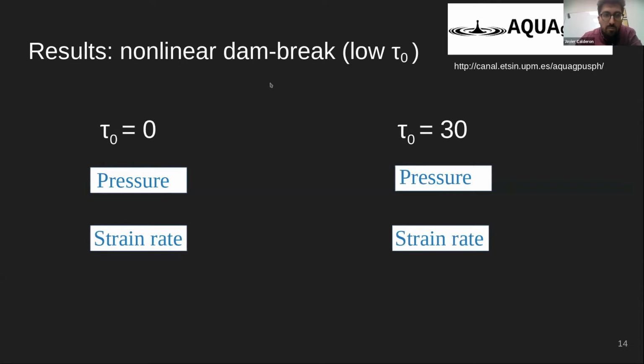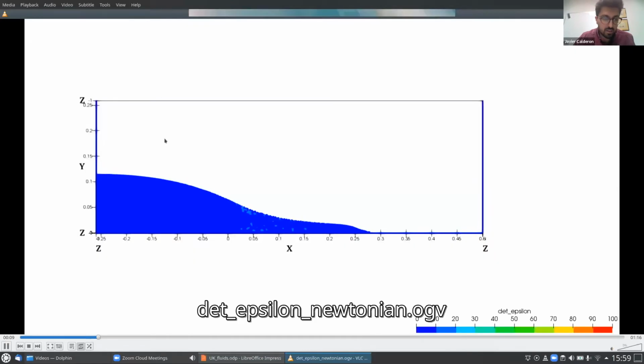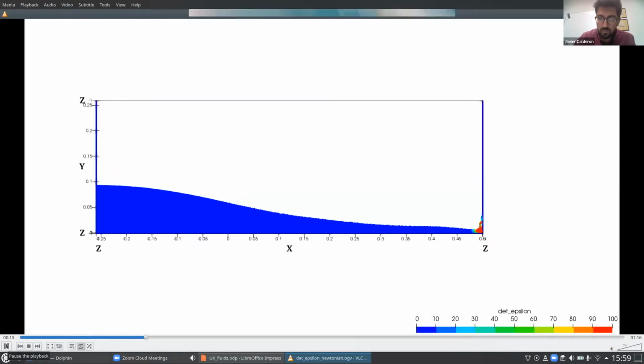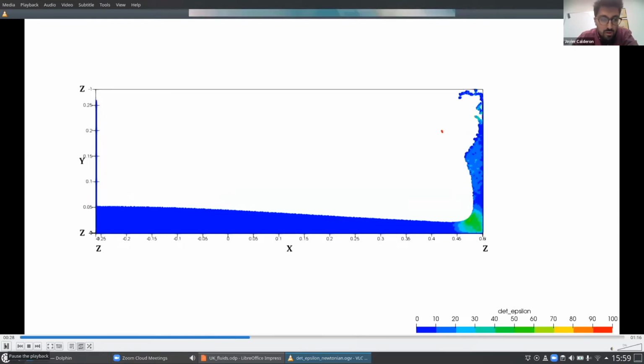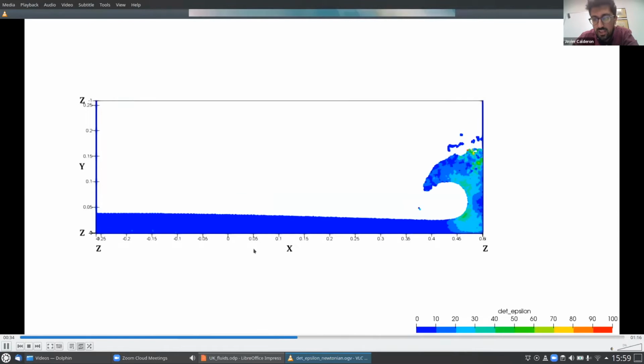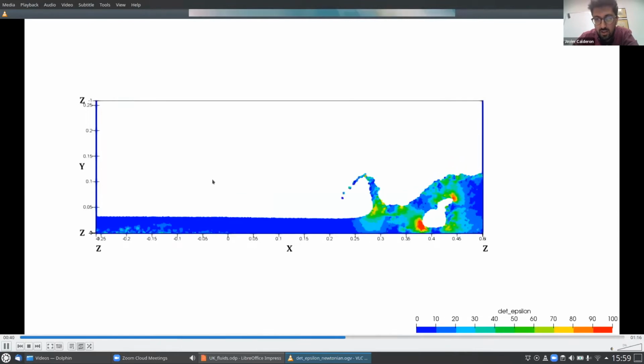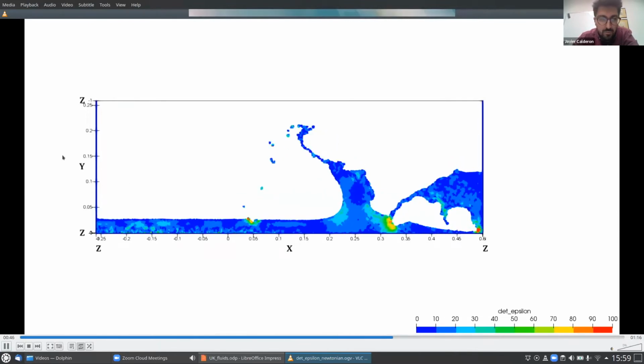So my aim here is to show you how the behavior changes just by changing the yield stress term. Let me know if you cannot see, but this is a usual dam break as we are used to seeing it with water, basically.